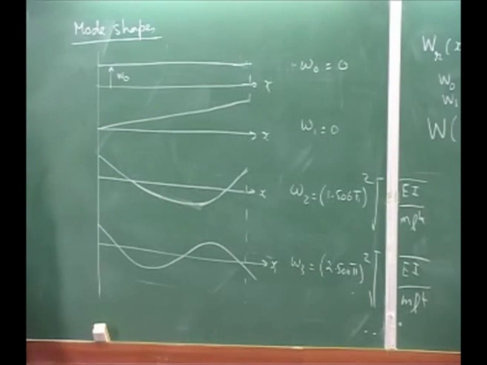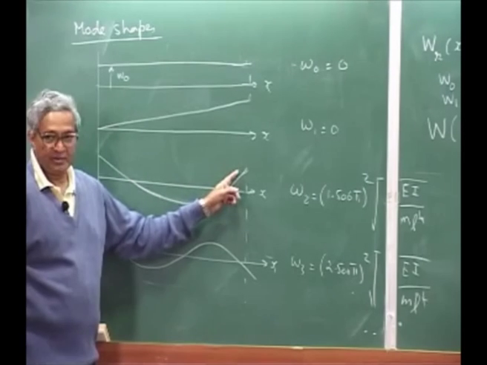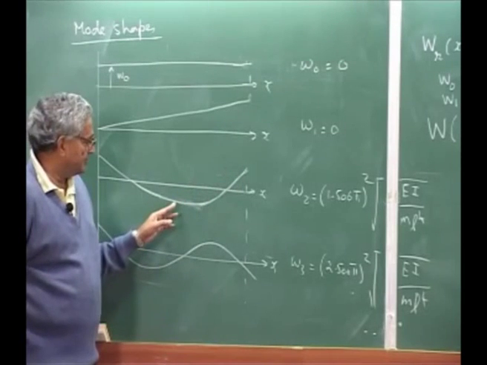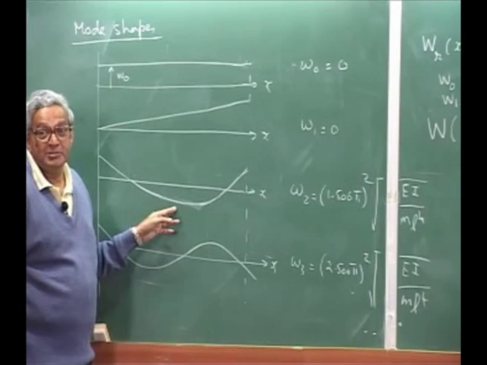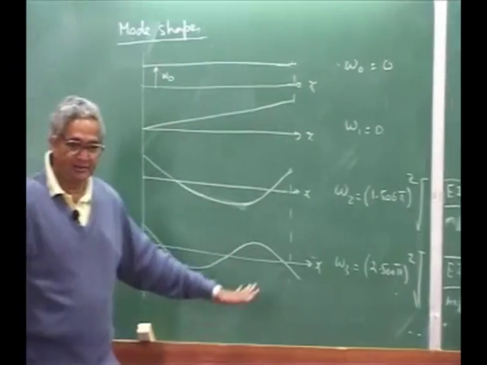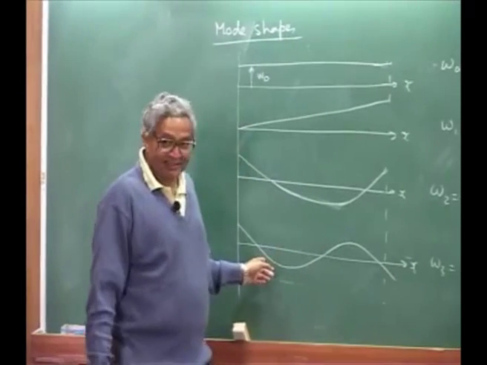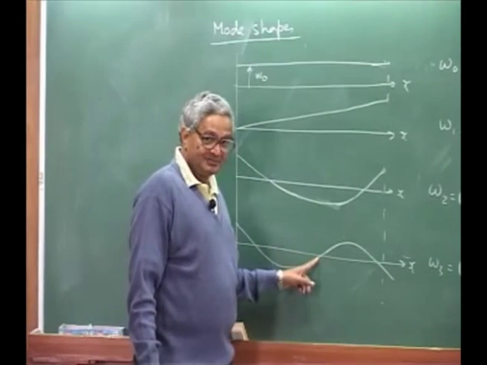But interesting thing here is, in this case, the beam vibrates in a symmetric fashion. Okay. Symmetric in the sense both sides will go up. Whereas when you look here, this is not like that.